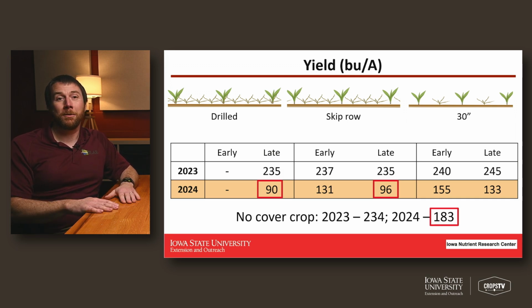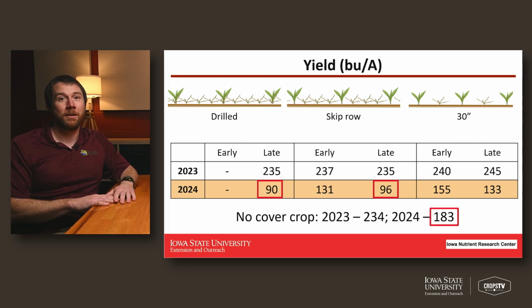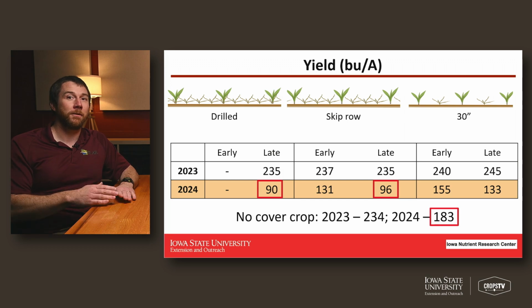So again, in 2023, we're really not seeing any effect of the cover crop on corn yields, either between the different treatments or the control itself. But in 2024, we're seeing up to a half of the yield reduction in that drilled cover crop, the positive control, and even in that skip row with the late termination.